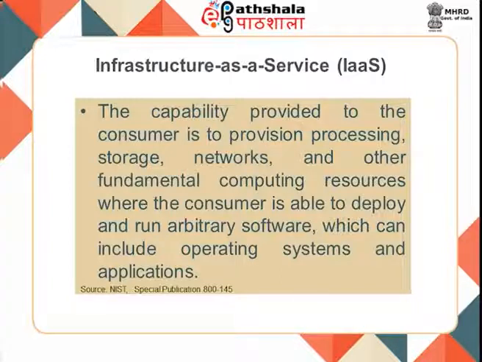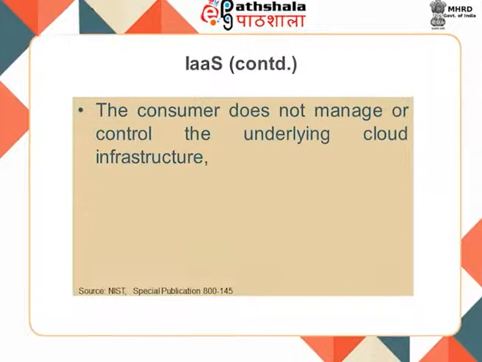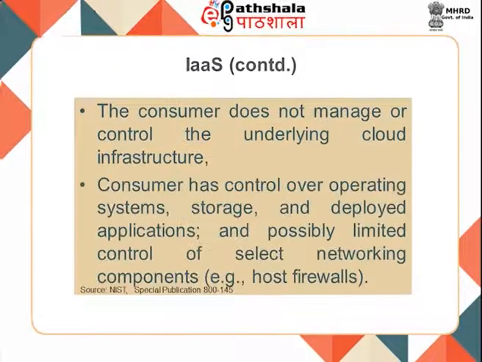So, in an IaaS, the consumer does not manage or control the underlying infrastructure or the hardware, but the consumer has complete control over the operating system, the storage and of course the deployed applications. To some extent, the networking components also are under control of the consumer.